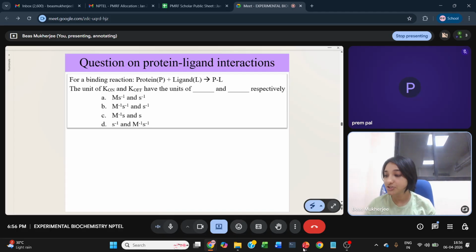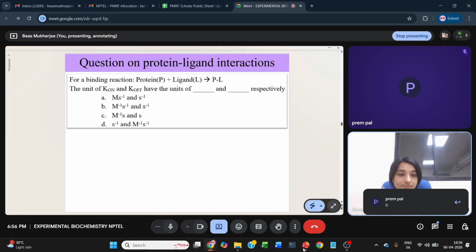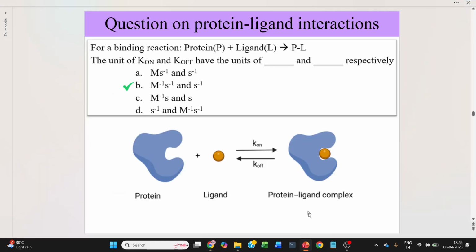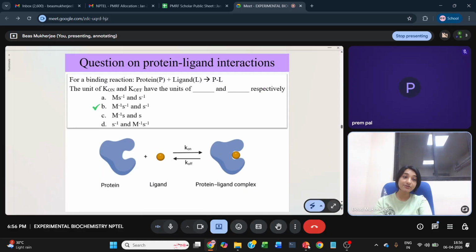You can answer in the chat box. D. Okay, good. This is an important question, and you can expect it in your exams as well. So it is mole inverse second inverse, and second inverse. Correct.